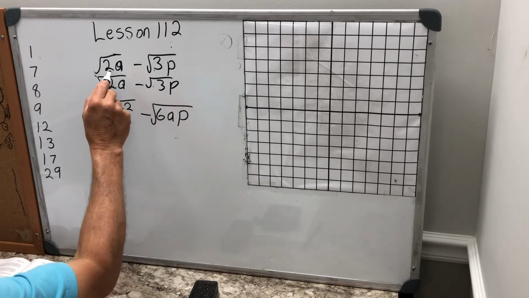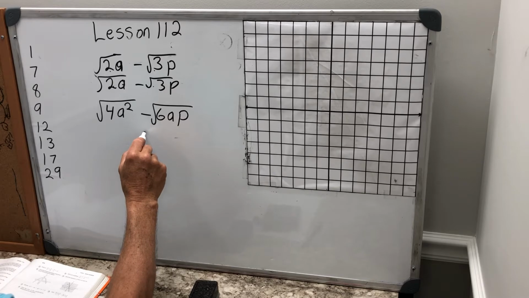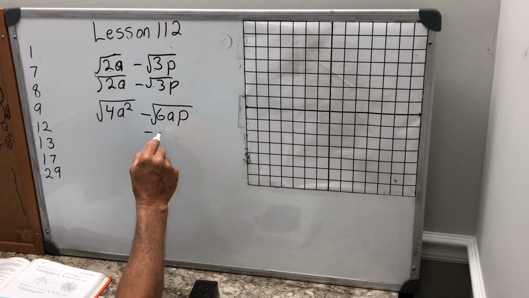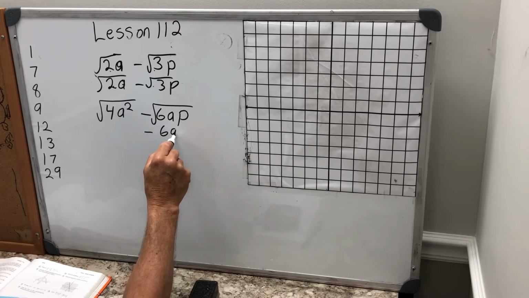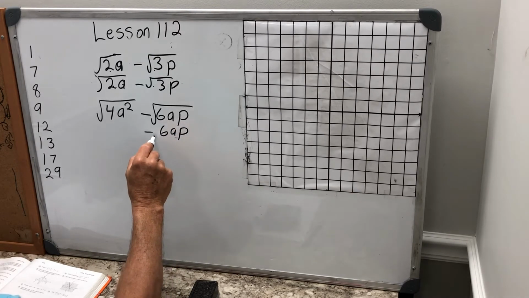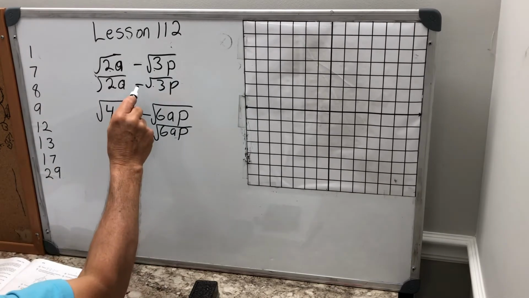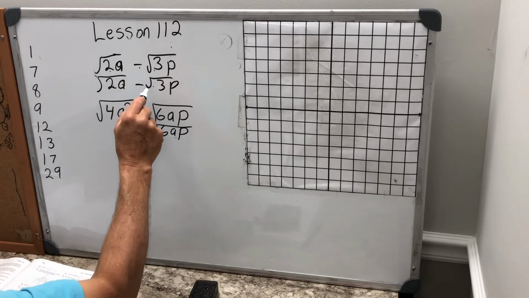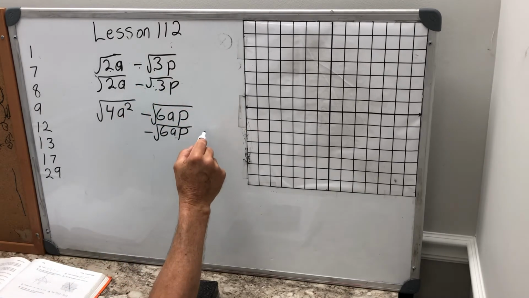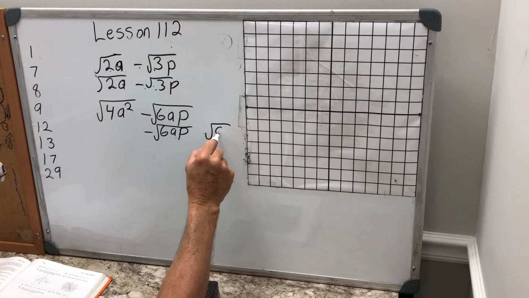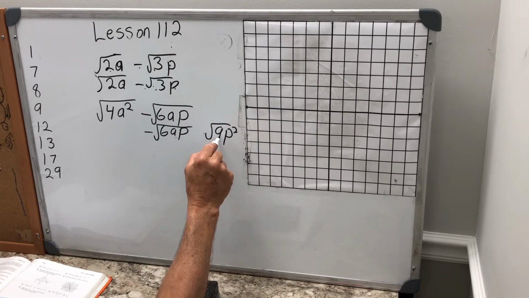And negative 3 times 2 is a negative 6AP also. And one more time, we got it. Negative times a negative is going to be a positive, and 3 times 3 is 9. And P times P is a P squared.